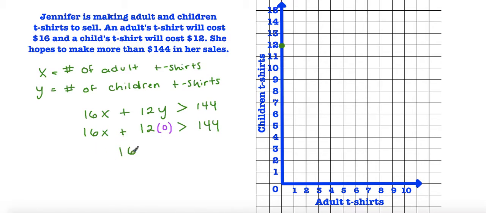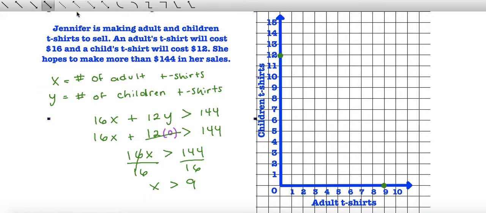So 16x is greater than 144 because 12 times 0 is just 0. Now we want to get x by itself, so we're going to divide both sides by 16. So x is greater than 9. So our x-intercept is (9, 0). And because we have a greater than sign, our line is going to be dotted.